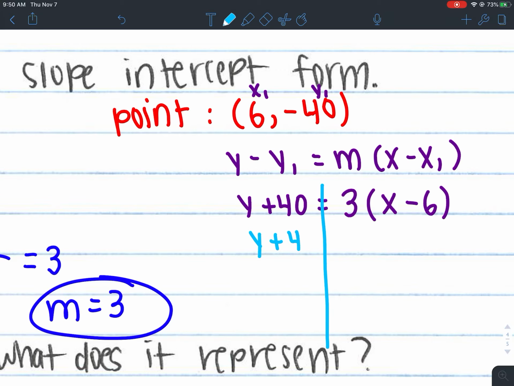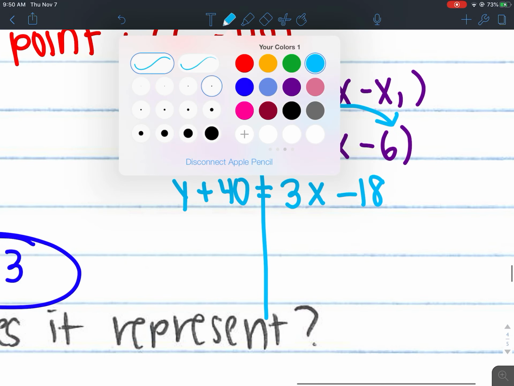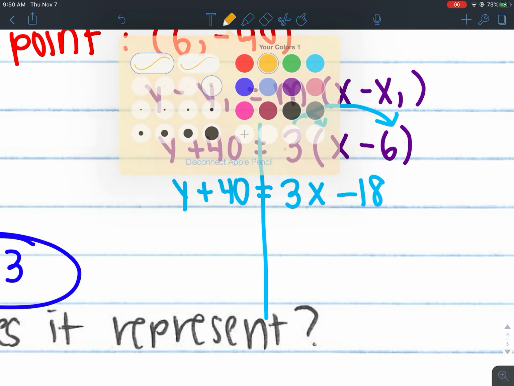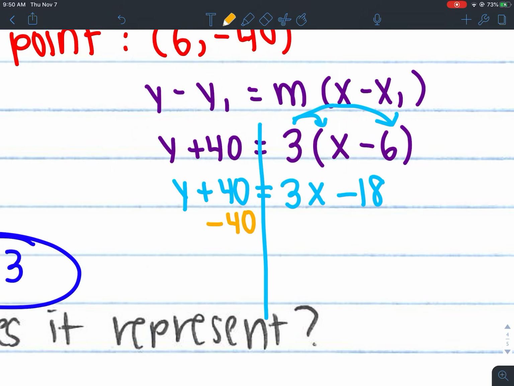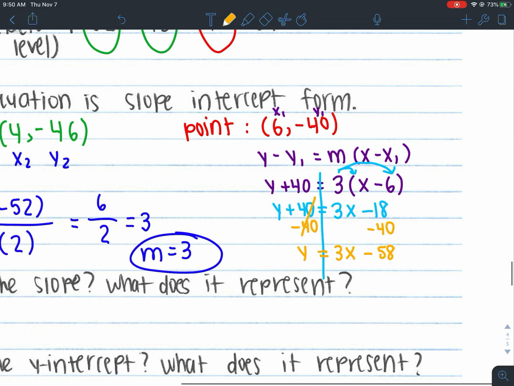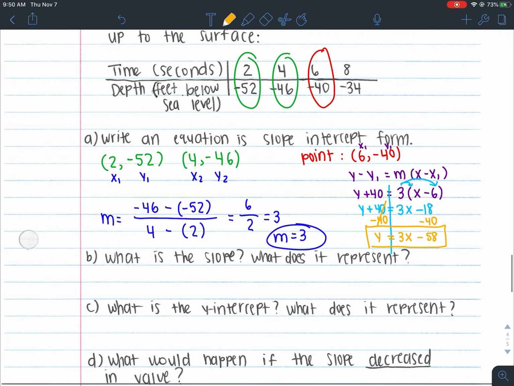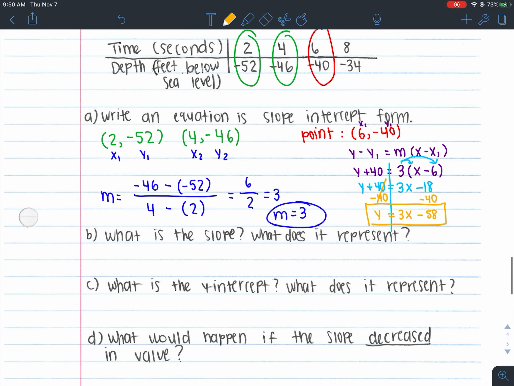We distribute first: 3 times x is 3x, and 3 times negative 6 is negative 18. Y is still not by itself, so we subtract 40 on both sides. So you have y equals 3x minus 58. That's our equation in slope-intercept form, y equals mx plus b. So we did get to it, it just took a little bit of work.